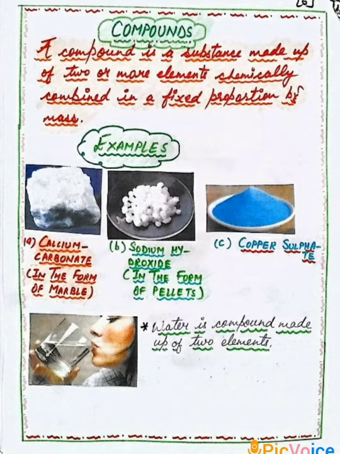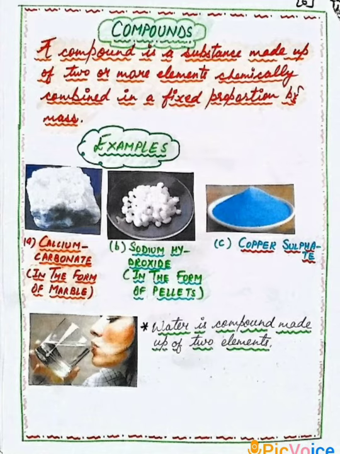Just see figure A. Some more examples of compounds are ammonia, NH3, carbon dioxide, CO2, ice, H2O, steam, H2O, chalk, calcium carbonate, CaCO3, etc., copper sulfate, CuSO4.